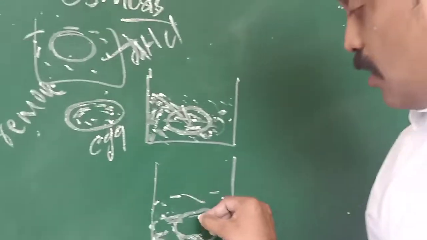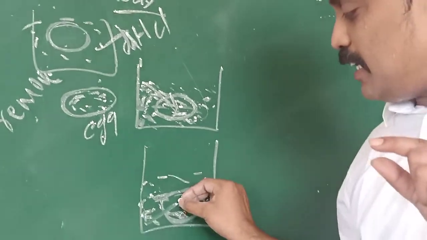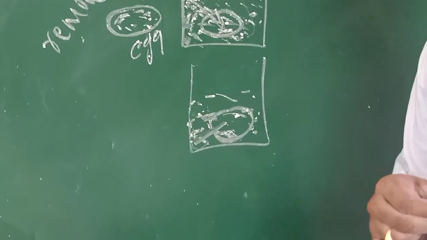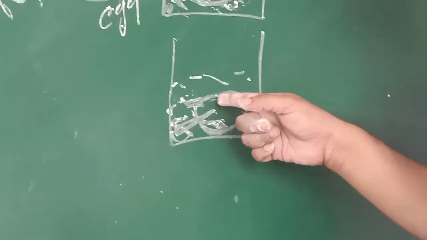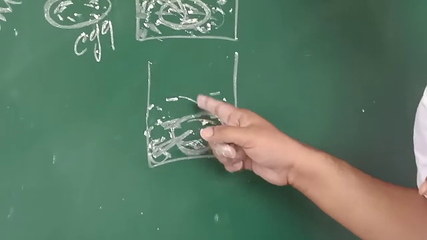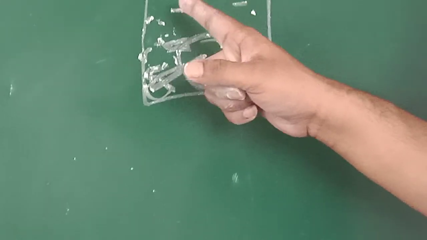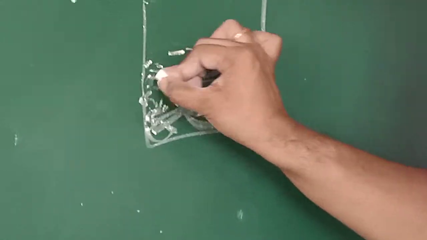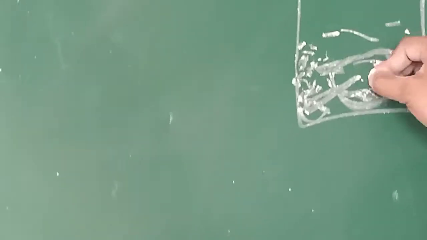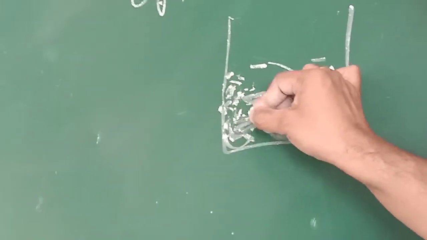We will observe that the egg size is decreased, and the water content is coming outside. Why? Because inside the egg it is diluted compared with outside. Outside we added salt or sugar, so it is not diluted. Inside, the water is diluted. Water content is more inside, so it is moving outside.